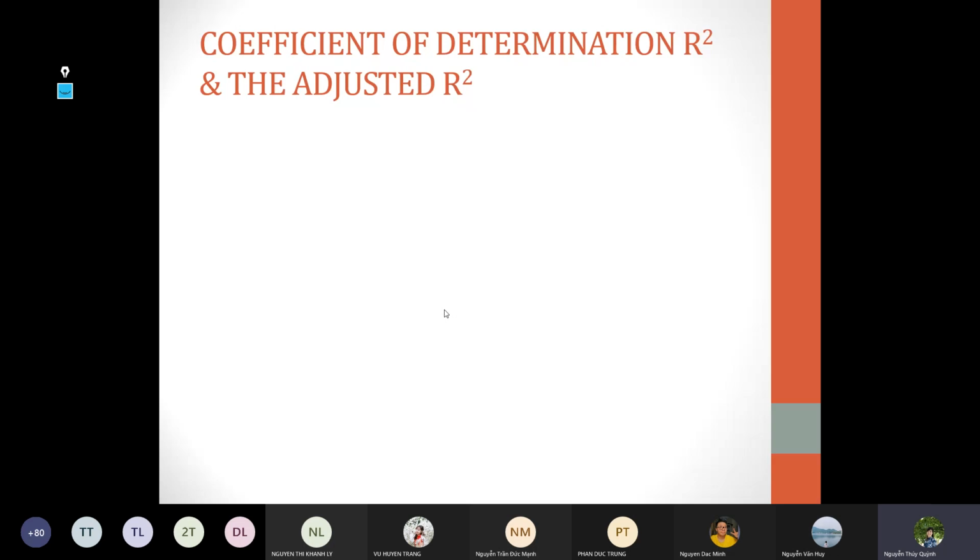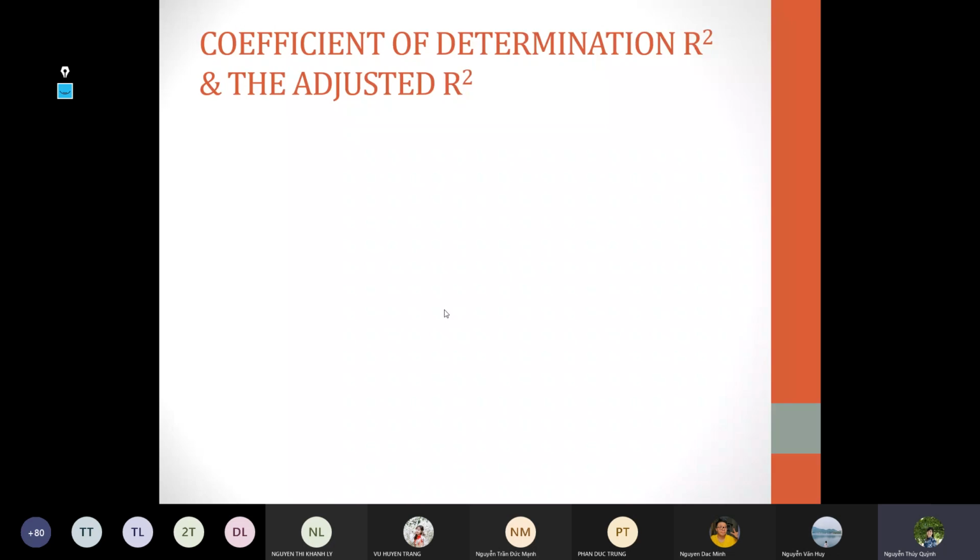For multiple regression, it will be the explanation by all of the independent variables. So shortly, it tells us the proportion of the dependent variable that is explained by the model.